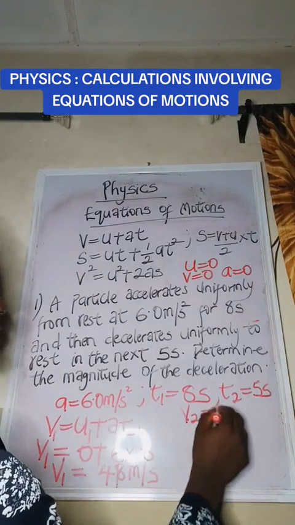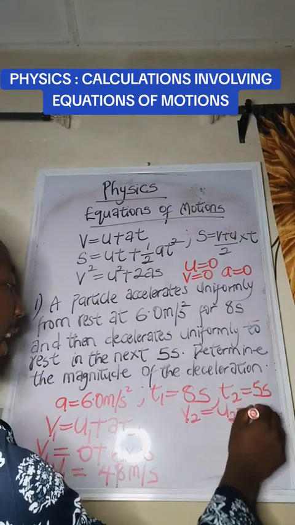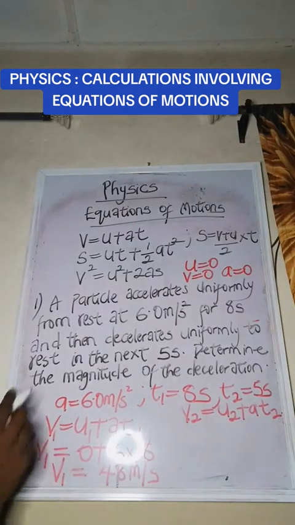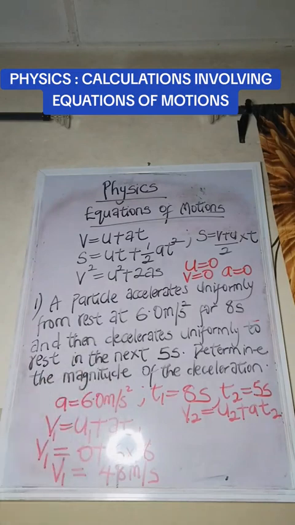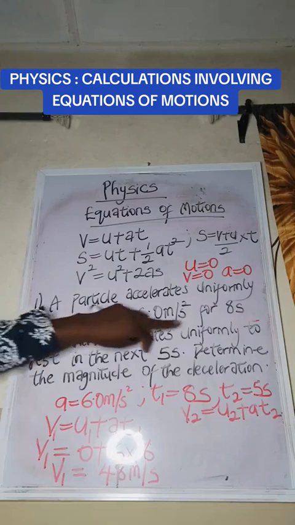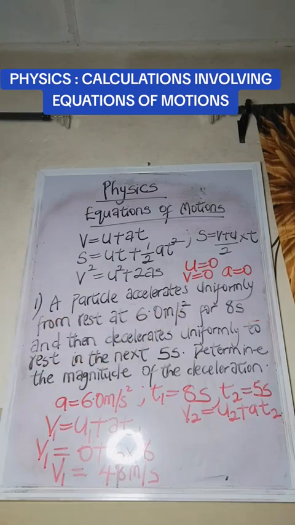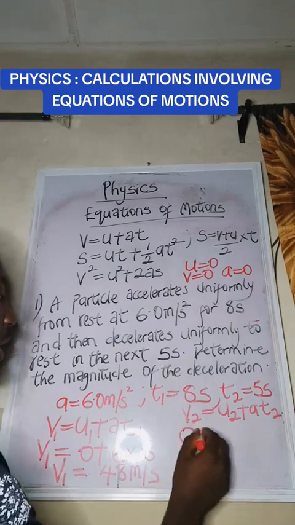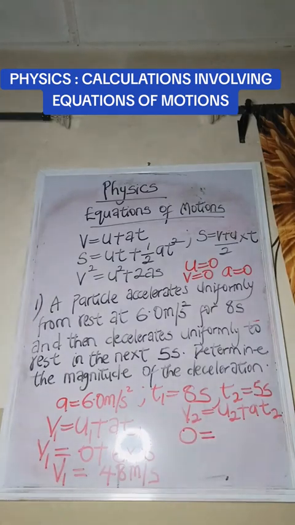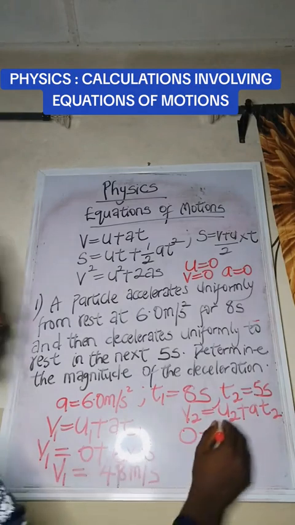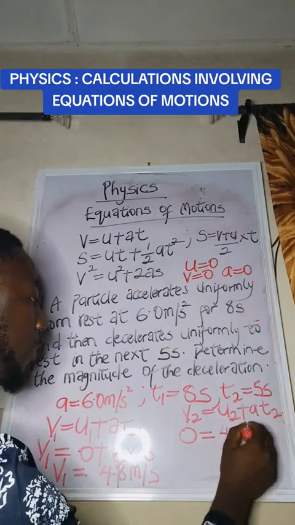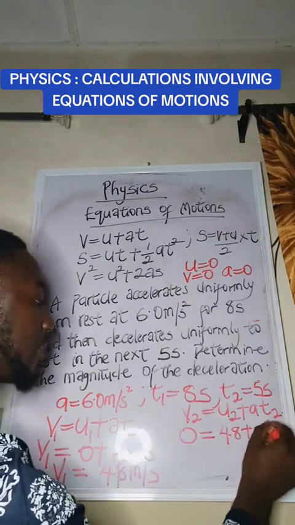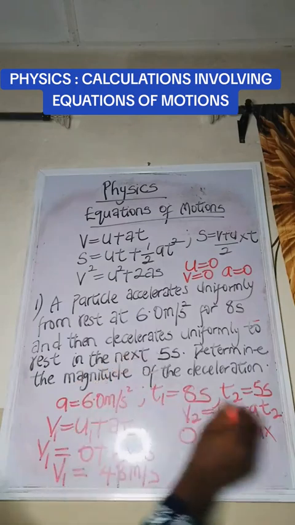V2 equals U2 plus AT2. They said to determine the magnitude of the deceleration, and it decelerates uniformly to rest, meaning that the final velocity is 0. This equals our initial velocity for this one, which is 48, plus the acceleration we are looking for, the deceleration, times T2, which is 5.